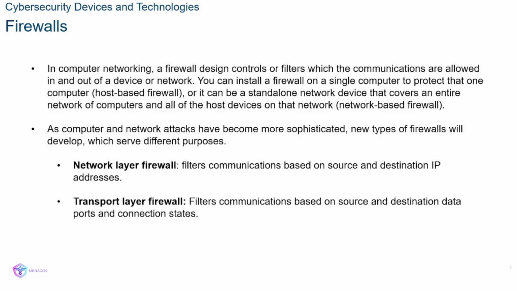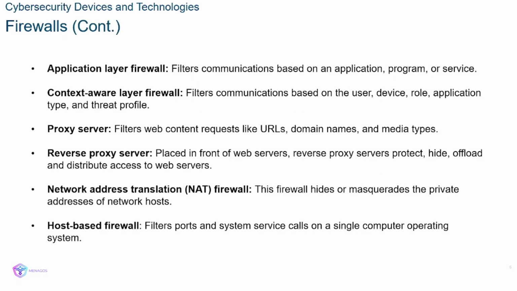Host firewalls protect single machines, while network firewalls guard segments and enforce decisions at choke points. Firewall rules filter by IP, port, and application behavior. Proxy and context aware modes add identity and content inspection, and network address translation reduces direct exposure.